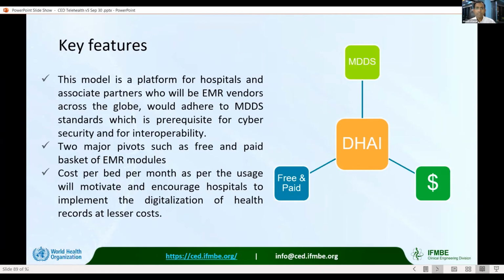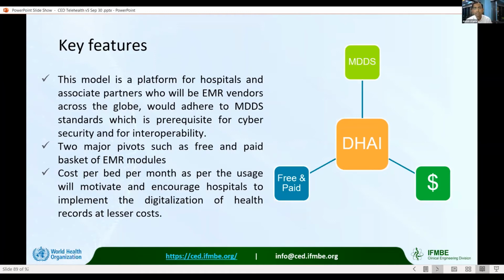Now, the key feature as envisaged for now that the Digital Health Alliance in India would have is, one, it would use the data and metadata standards, which are already announced in India 3 years ago.